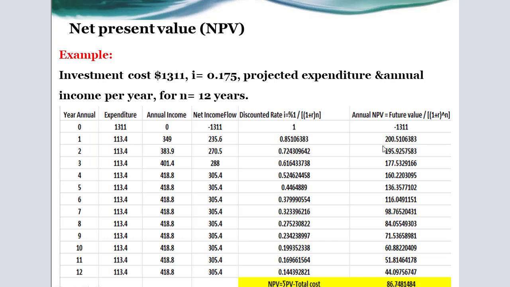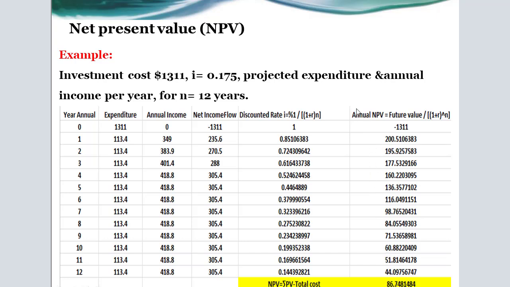Sometimes it may be a negative sign and other times a positive sign, as we see here all these values are positive. This is just for example.